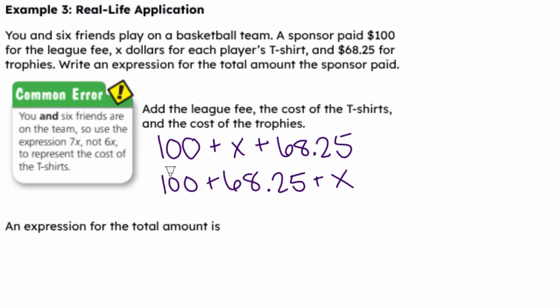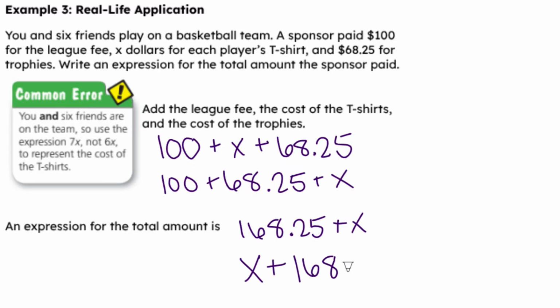So then if I add those together, I get $168.25 plus 7x, and I am done. You also could write 7x plus $168 and 25 cents. These are equivalent. They have the same answer.